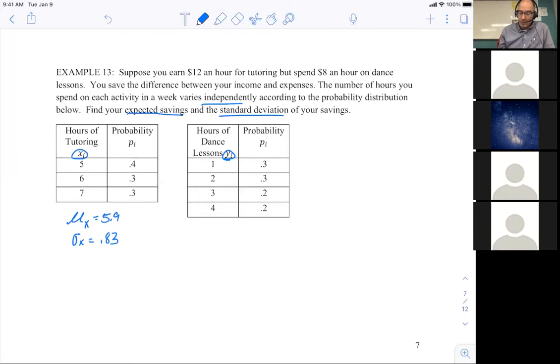Same thing for the hours of dance: the mean of y is 2.3, and the standard deviation of y is 1.1.